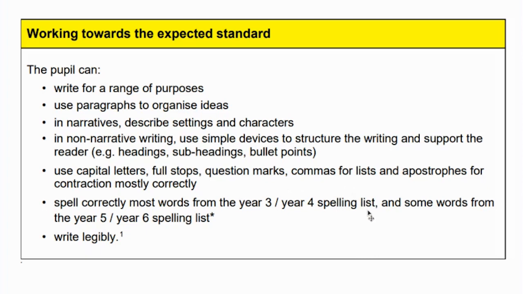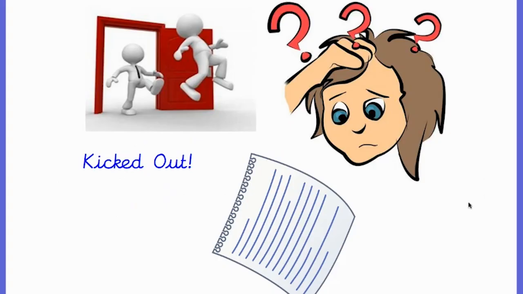Now, from a moderating perspective, usually when the child writes at working towards the expected standard, the thing that is missing and the thing that really jumps out at you is that idea of cohesion. Now, cohesion is when the writing makes sense and you can follow it from start to finish. The sentences relate to each other, and you don't feel at any point like you have been kicked out of the child's writing.